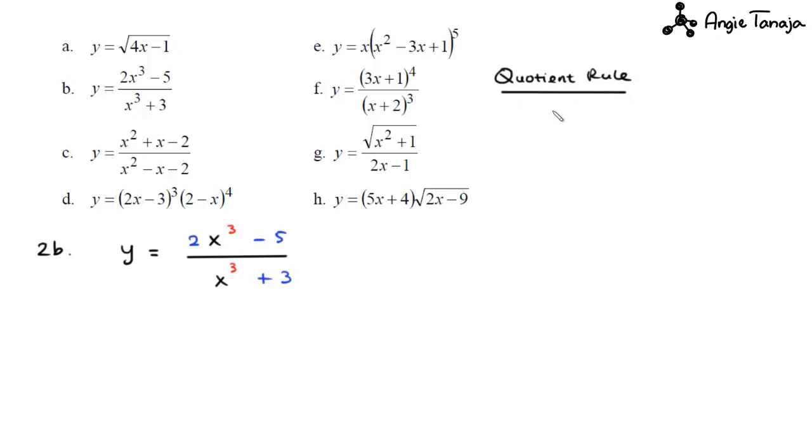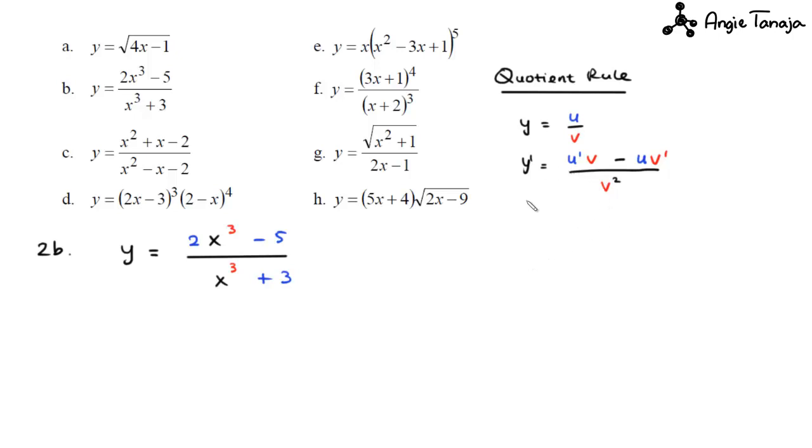For quotient rule, if you have y equals u over v, then the y prime will be u prime v minus u v prime over v squared.